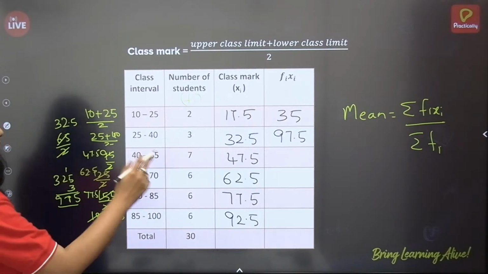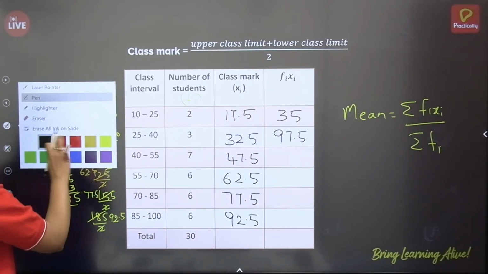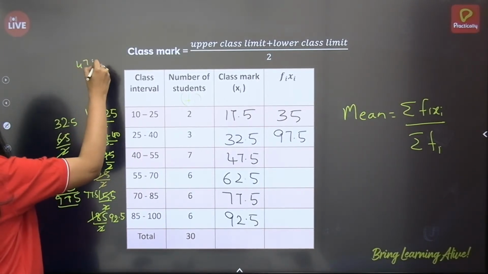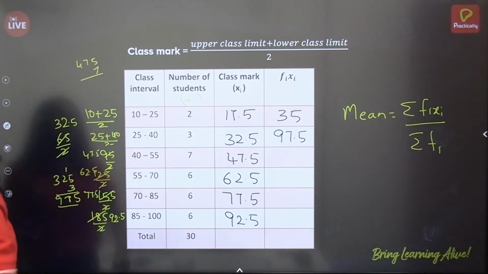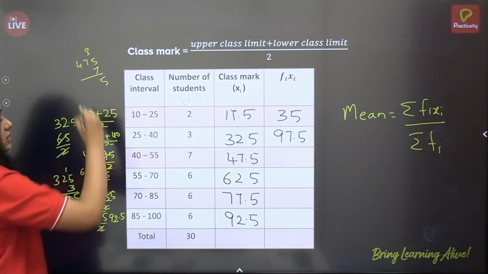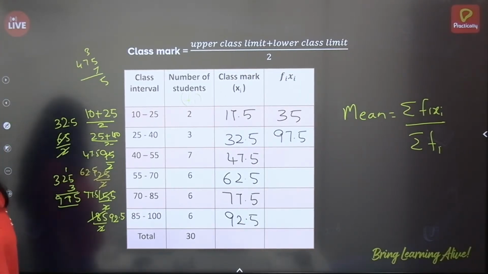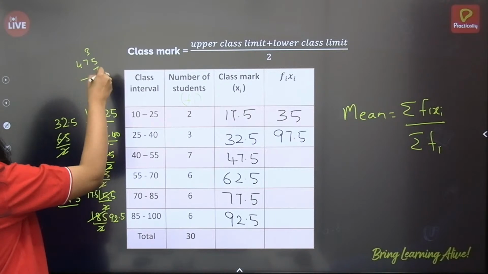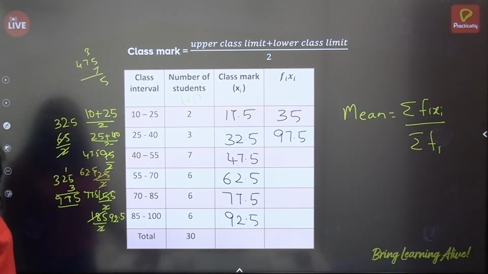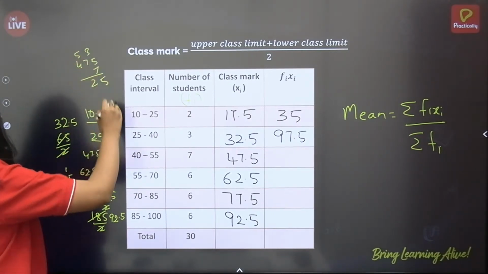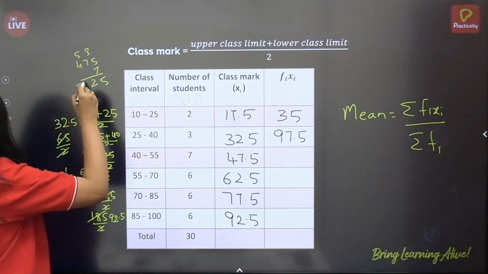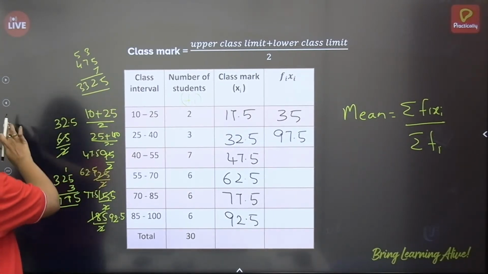Next, 47.5 into 7. 7 times 5 is 35. 7 7s are 49. 7 5s are 35. 7 7s are 49, 52. 7 4s are 28. 28 plus 5, 33. 332.5.